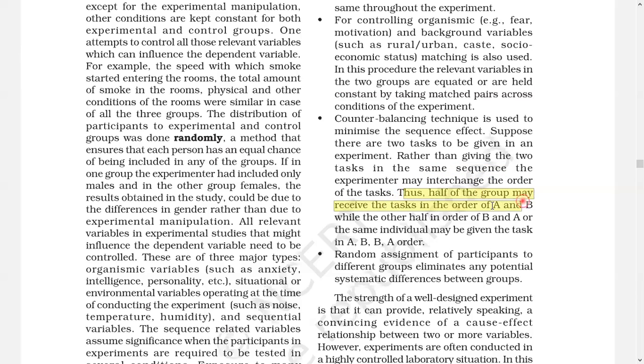Half of the group may receive the tasks in order A and B, while the other half receive them in order B and A. Or the same individuals may be given the tasks AB and BA. To control experimental fatigue, you can use this method, presenting the sequence in one manner and then in the opposite manner to reduce the fatigue.